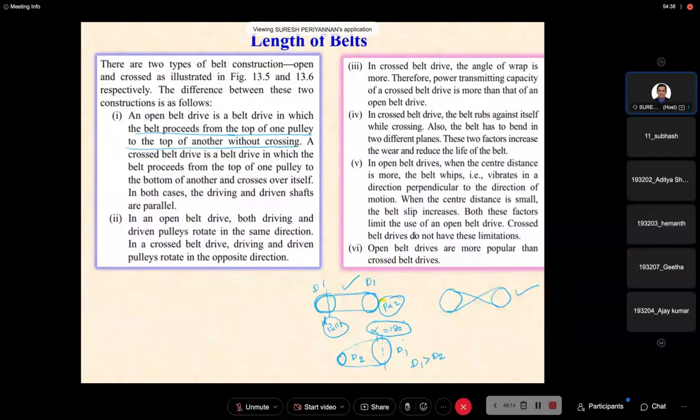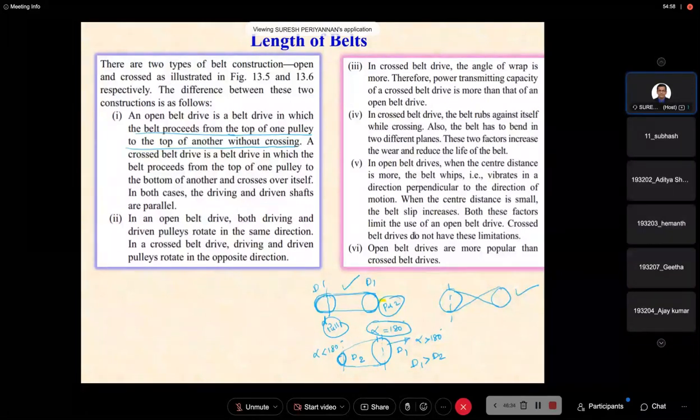In this case, the angle of contact, or angle of warping, is alpha greater than 180 degrees for the open belt, but in this case alpha is less than 180 degrees. Now come to the cross belt.